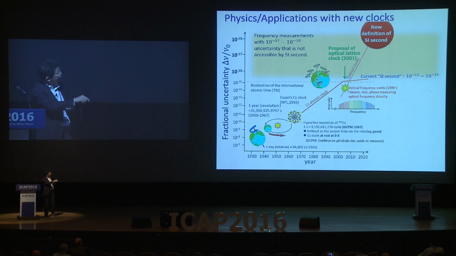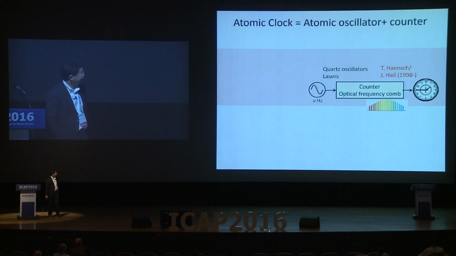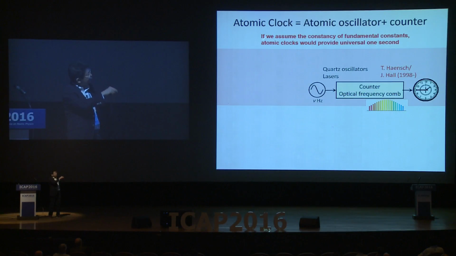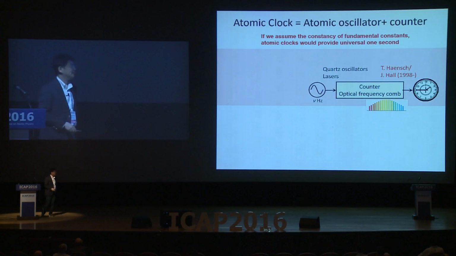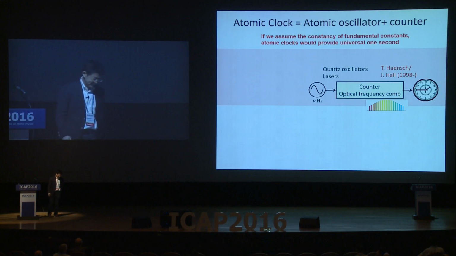So I will talk about the lattice clock, which was proposed in 2001. If we believe in the constancy of fundamental constants, then the atomic clock would provide a universal second. But we are pursuing whether the constant is constant or not.